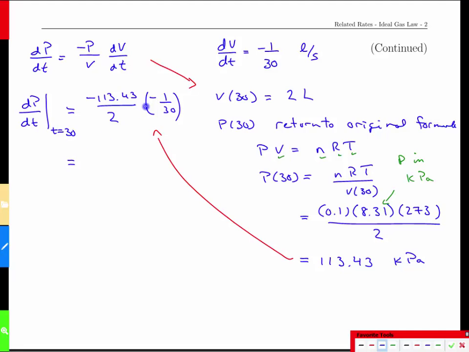And now we just calculate that value there. And we obtain a positive value, 1.8905. And the natural units on this expression would be the units of pressure, which are kilopascals, and the units of time here, which were seconds. So the pressure is increasing at roughly 2 or 1.89 kilopascals per second.